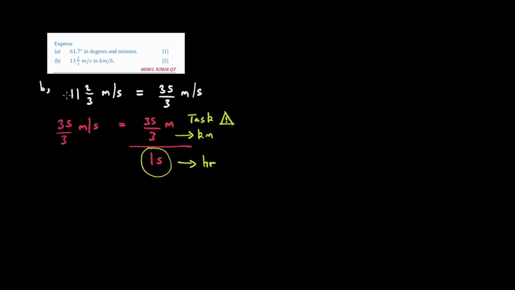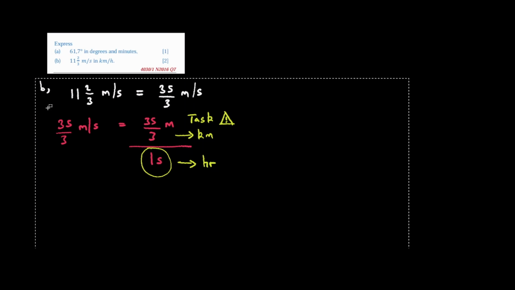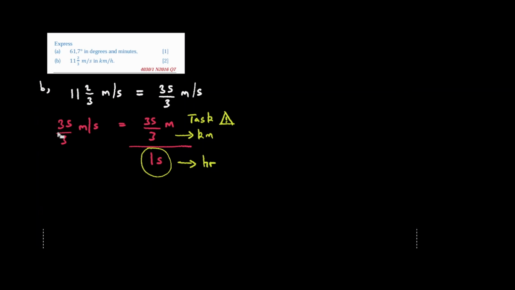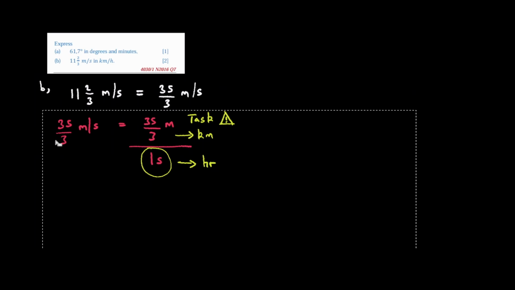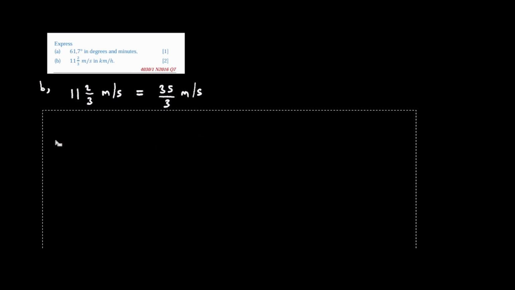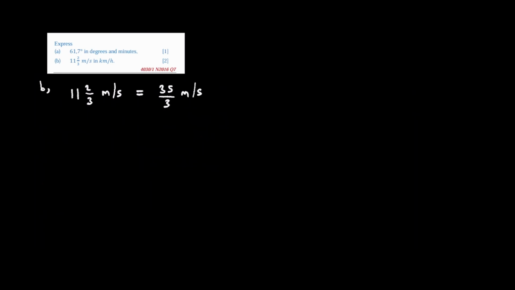So the method I want to teach today, and I want you to pay close attention, and I so wish that this is going to be our modus operandi whenever we are converting speeds, is this one. When you convert meters per second to kilometers per hour, you also need this.